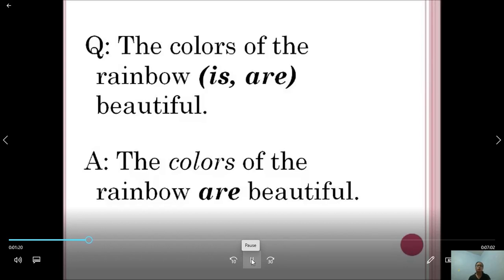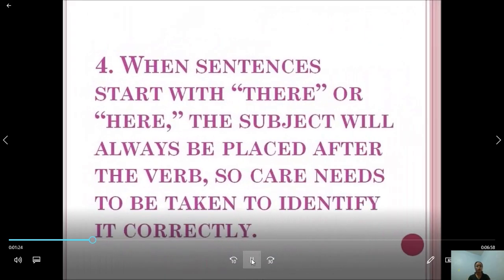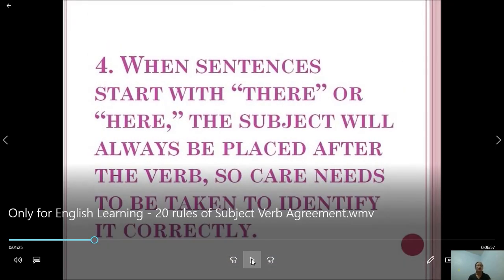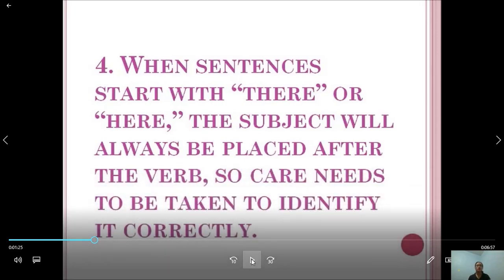Next, what is the rule? Okay, when sentences start with there or here, the subject will always be placed after the verb. So care needs to be taken to identify it correctly.